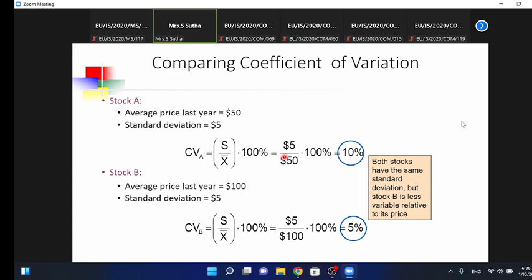Which stock will you choose to invest in? Put it in the chat box. Using these results, which stock will you choose for investment purposes? Now, looking at these variations, which stock will you choose?